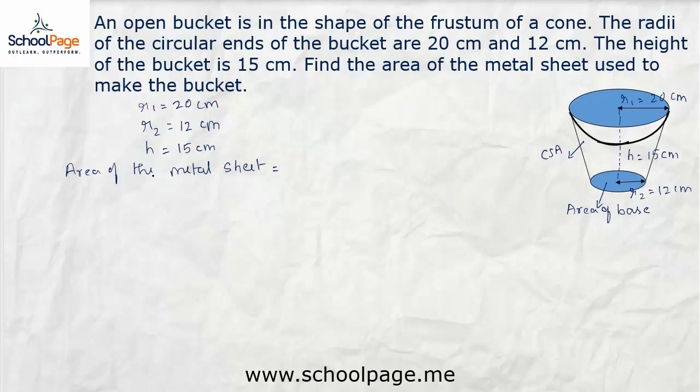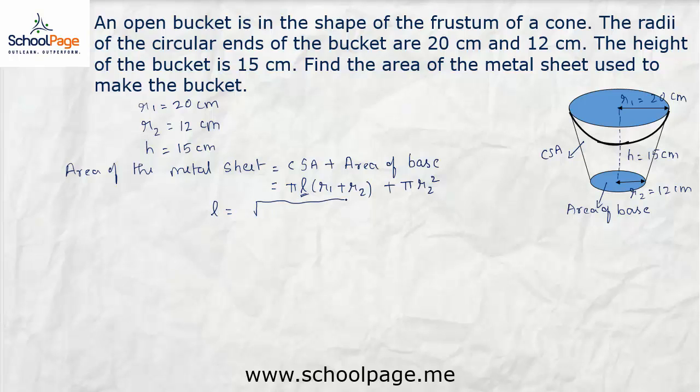So the area of metal sheet is equal to curved surface area plus area of base. Now curved surface area of the bucket is pi L into R1 plus R2, area of base is pi R2 square. Now here L is not given to us. Let us first calculate L.